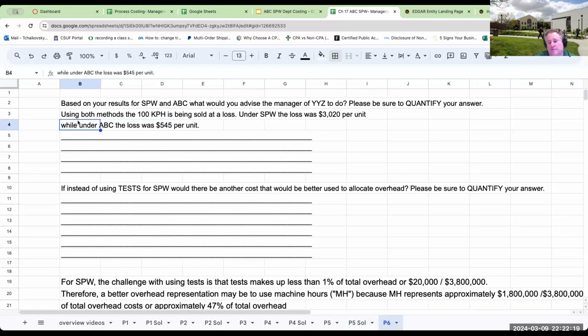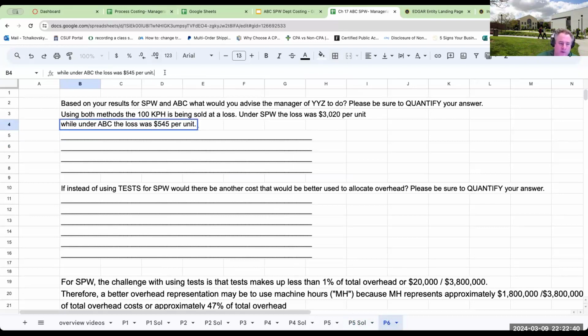Well, you really have two choices. We can either cut costs, right? Which may or may not be possible, or we can raise prices. So it's like today going to Jersey Mike's and finding out that a regular sandwich costs 12 bucks. Well, why not?